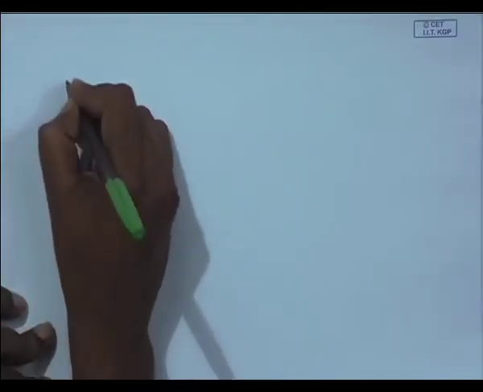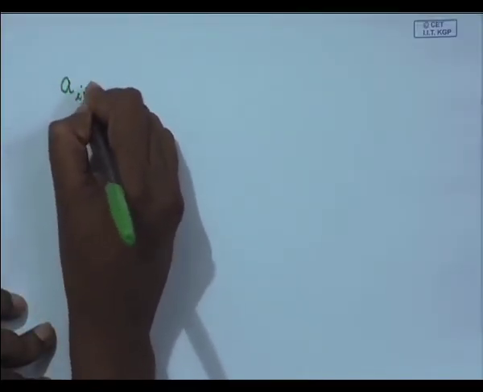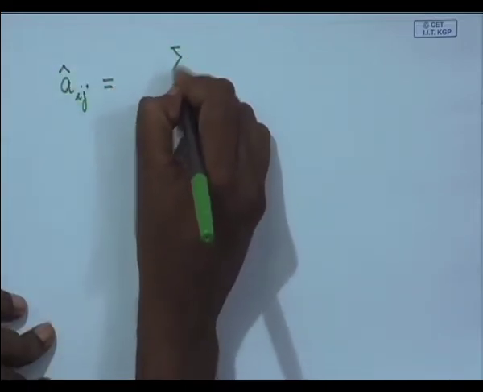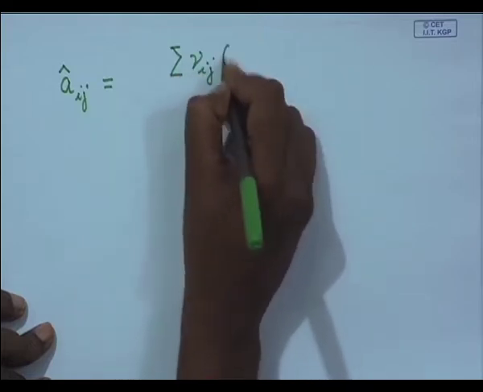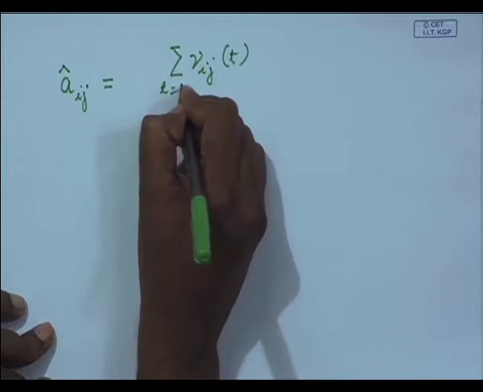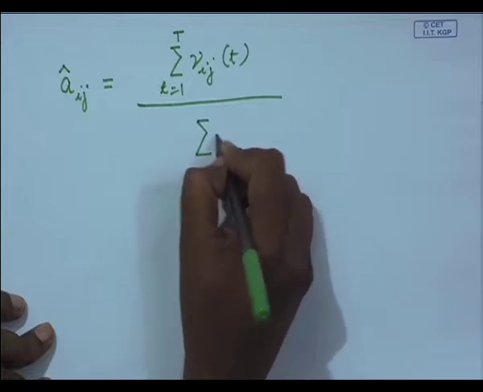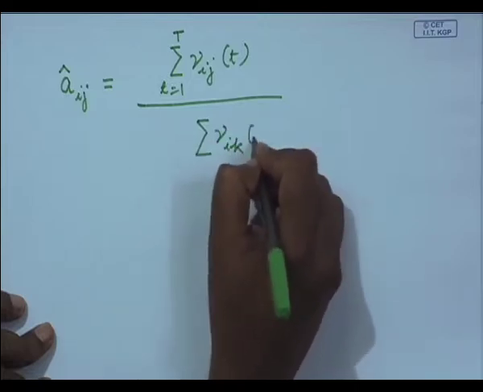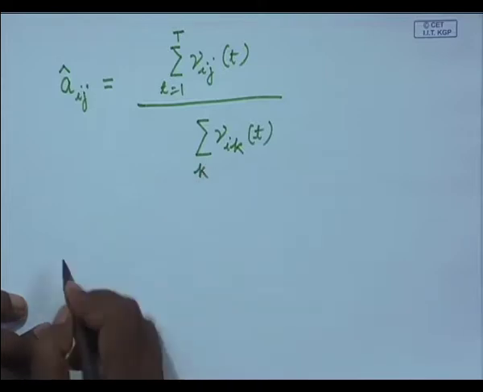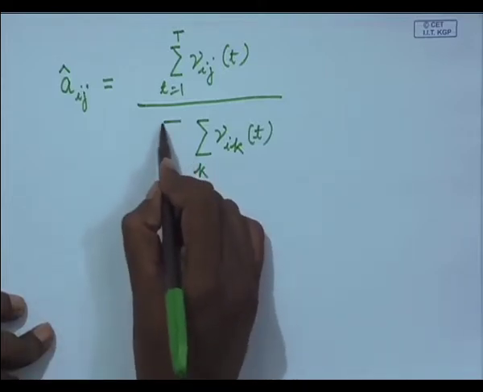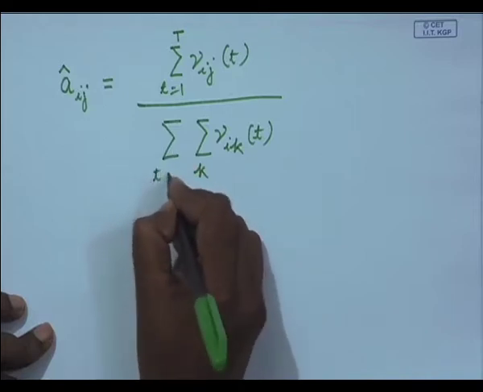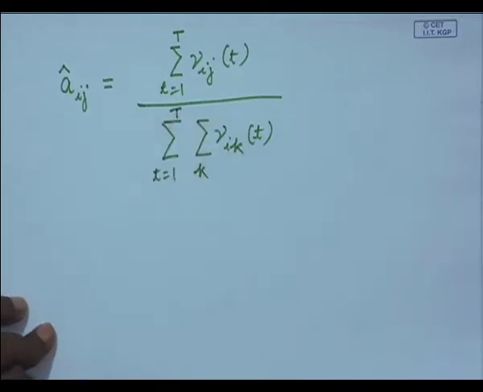So, I can have a refined transition probability A I j, I will put it as hat, which will be the sum of gamma I j t, t is equal to 1 to capital T, divided by the sum of gamma I k t, where the summation will be taken over all k, this whole thing summed over t is equal to 1 to capital T. So, this is a refined value of the transition probability A I j.